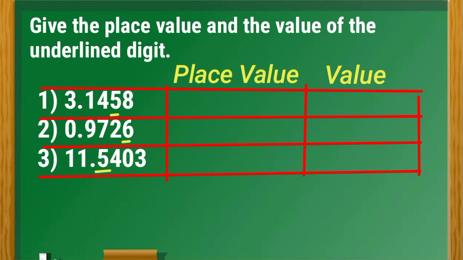The place value is thousandths because digit 1 occupies the tenths place, digit 4 occupies the hundredths place, and digit 5 occupies the thousandths place. So the place value of digit 5 is thousandths. So what do you think is the value of 5 here?